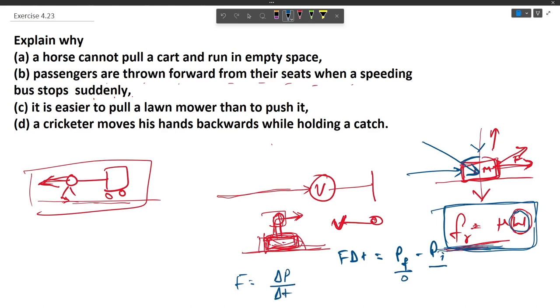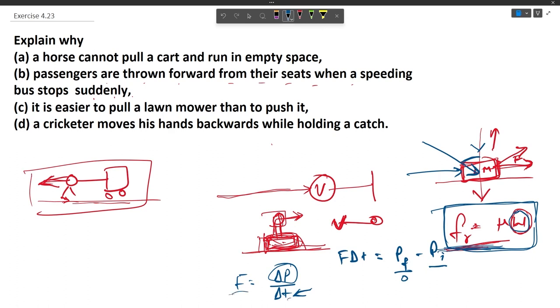When the cricketer pulls his hand backward, it increases the time for stopping the ball. The momentum, or delta p, has more time to come to zero.